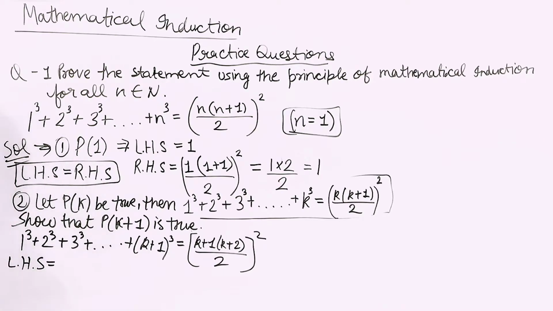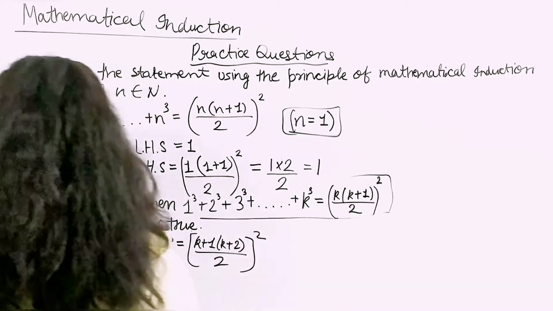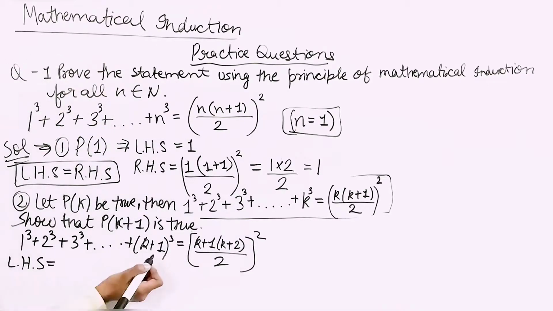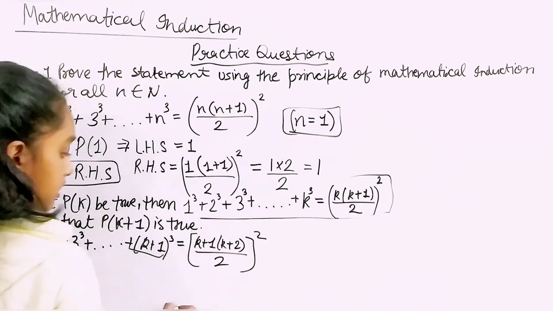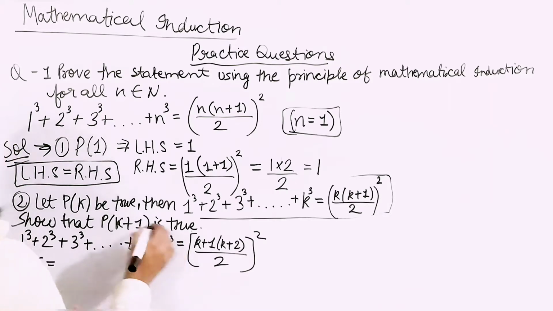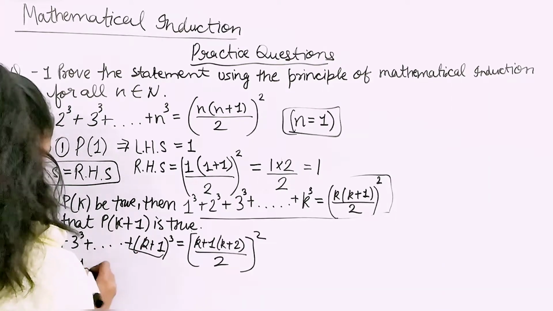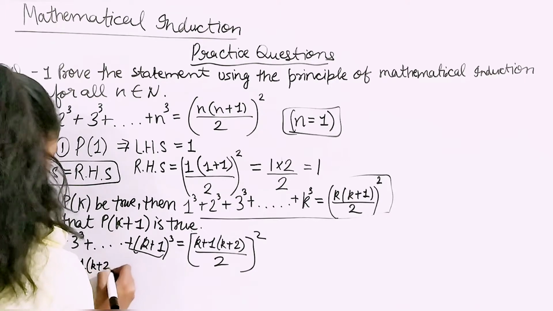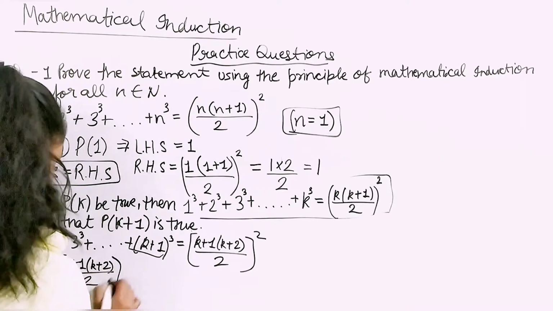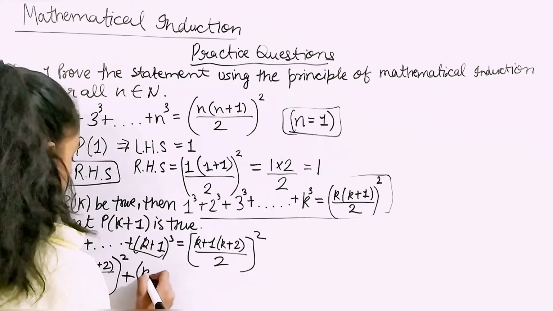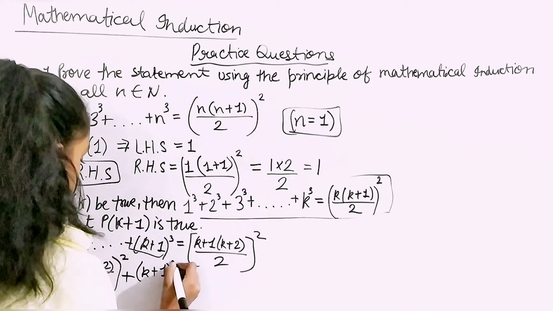What's our LHS? Our LHS is k plus 1 cube. Okay, so we're just going to have a look at this thing, and including this, we're going to write only this. So it's this, k plus 1 in the bracket k plus 2 upon 2 square, plus k plus 1 cube.